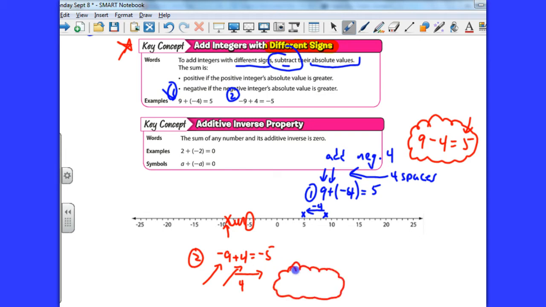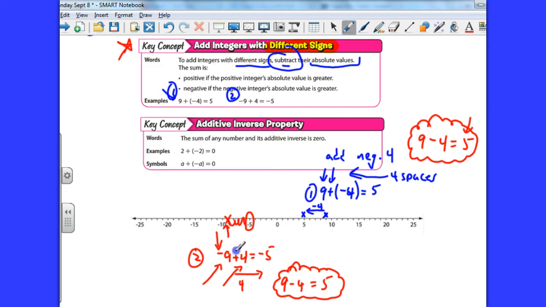Now if we go back to the words, if you subtract their absolute values, this is how you could do this question in your head. It's different signs, so you notice they're different signs. So you take 9 minus 4, that's 5, but you think to yourself, hey, the bigger number is negative. The bigger absolute value really is how you say that.